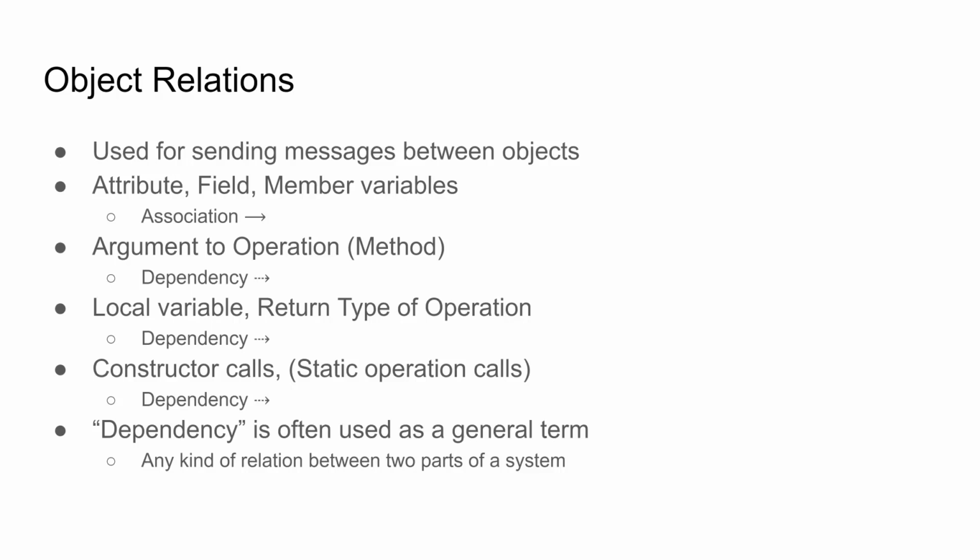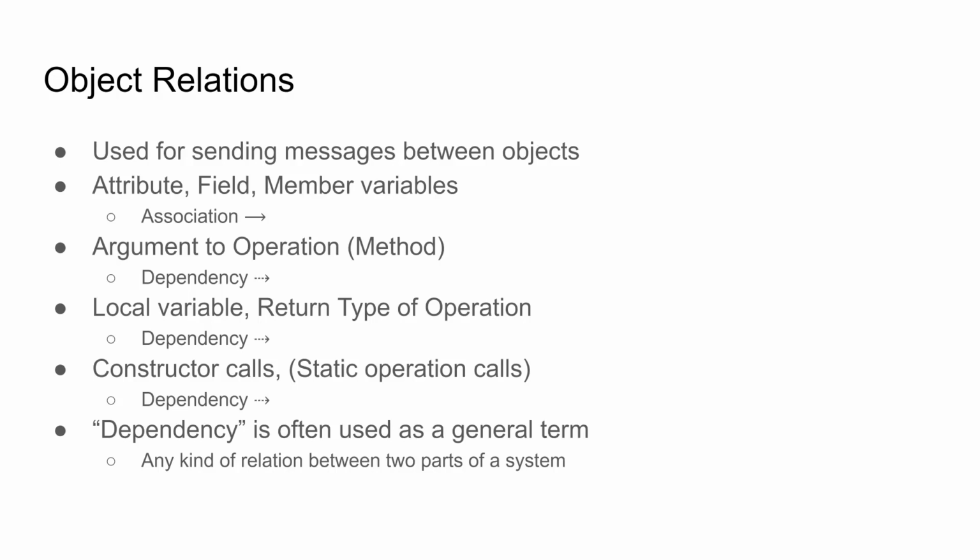But if you hear the word dependency, often it's meant to denote some type of relation between two objects, where one object needs the other object in some way, or one module in the system needs some other module in the system in some way. And you can have that in mind when discussing with people, that it's often not this very tight distinction that we make in this course between the association and the dependency.